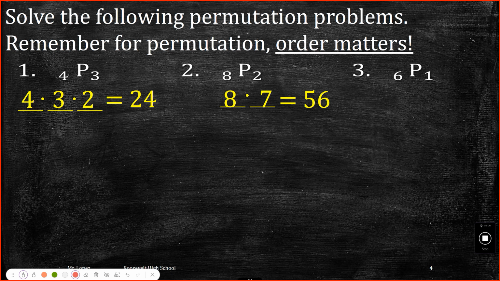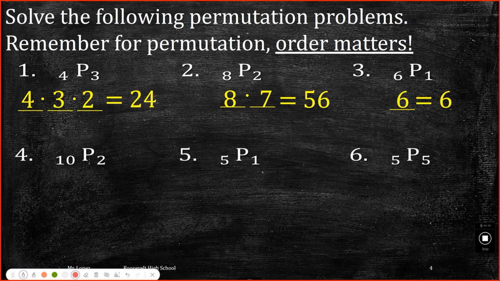Number 3. You've got 1 spot. They all couldn't go in that 1 spot. 6. 10 permutation 2. 90. 5 permutation 1. 5. 5 permutation 5.